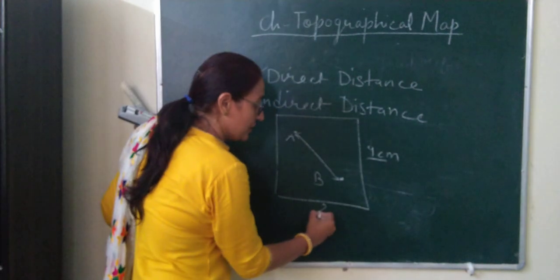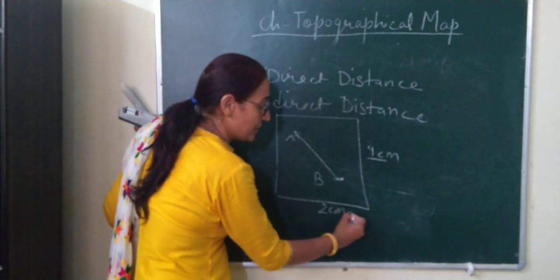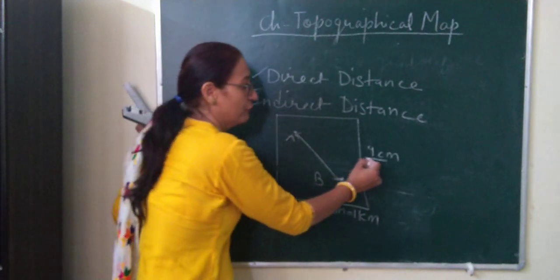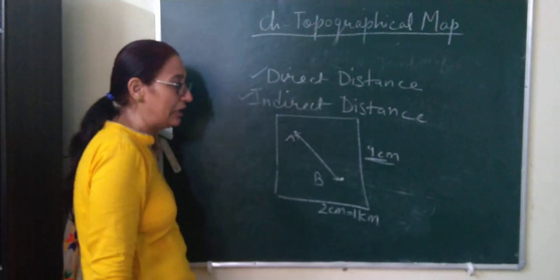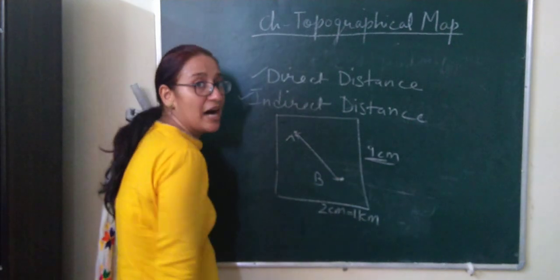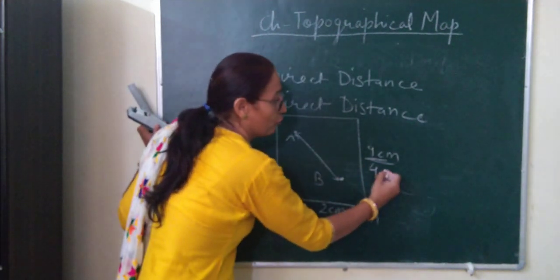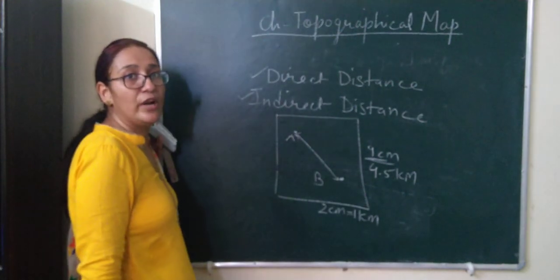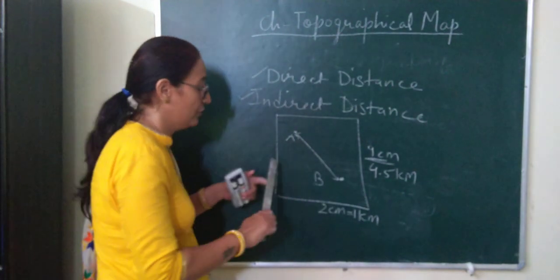If you observe, the scale is 2 centimeters represents 1 kilometer. So if we have to convert 9 centimeters into kilometers, then what will be the answer here? That is 4.5 kilometers. So this is the way to find out the direct distance between two places.